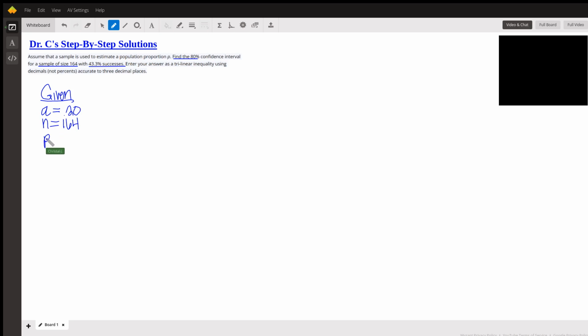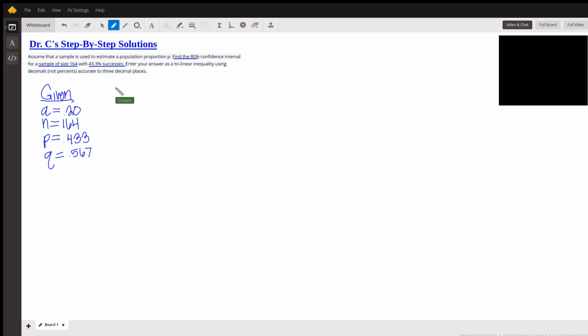And then our proportion of success would be 0.433, which means our proportion of non-success would be 0.567. So this is going to be Q, which equals 0.567.